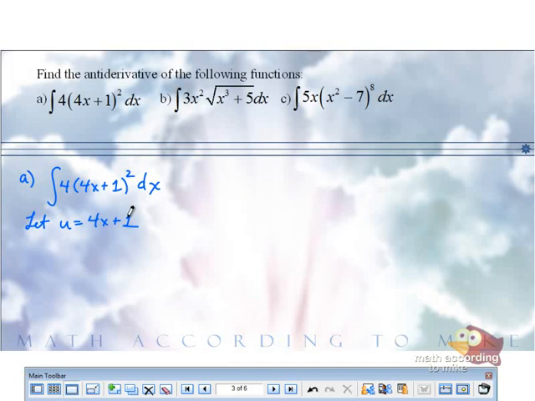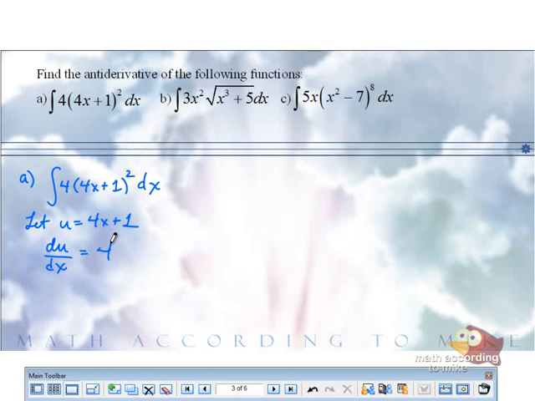We're now going to take the derivative of U, but we're not going to write U prime. Remember we had that other way of writing it, du dx. Instead of dy dx, we have du dx. So what's the derivative of U with respect to x? 4. And now I want you to solve for dx.